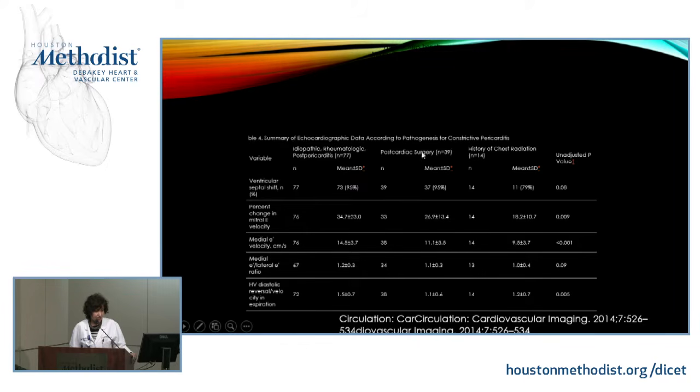It drops to some extent, and then with radiation, we really enter into a difficult zone. The reason being, with radiation, you're going to have a combination of restrictive cardiomyopathy and constrictive pericarditis. And therefore, you're not going to have your classic findings of respirophasic variation with the ventricular septal shift.